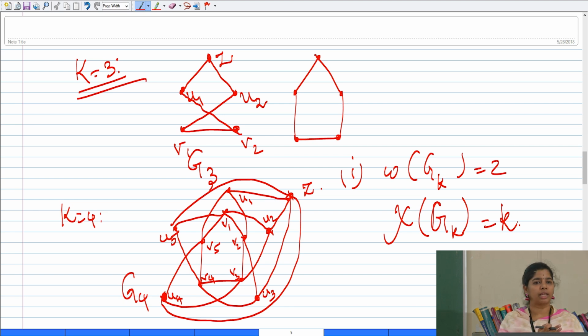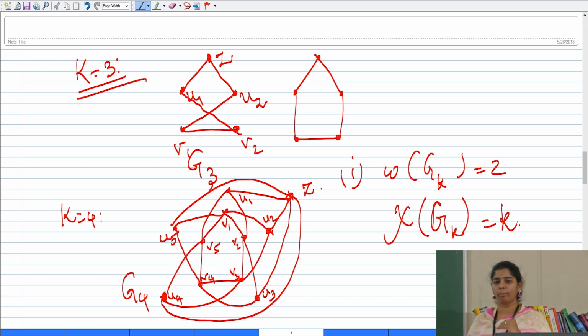So, the ui is connected to the corresponding neighbors of vi. If those two are adjacent, it would have meant that in G(k-1) itself there would have been a triangle. So, this creates a contradiction. Therefore, there cannot be any triangle in our Gk.